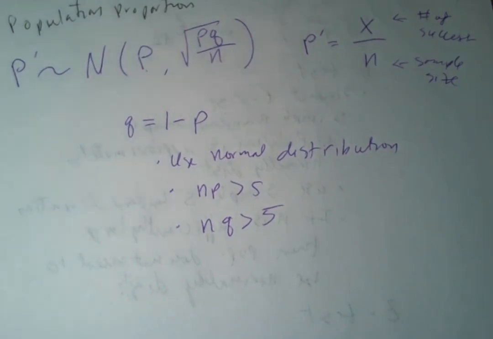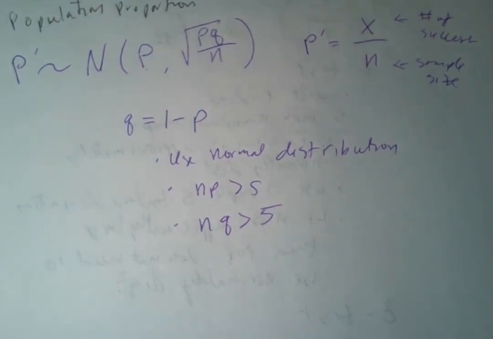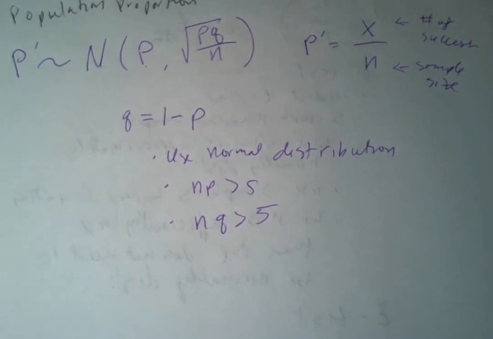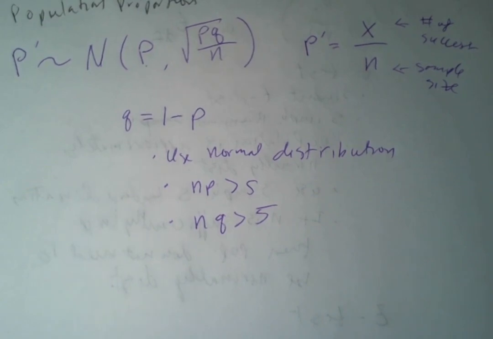So as long as both of these conditions are met, we are going to move forward and use the normal distribution. Okay, so these are the conditions for the distributions to use for our hypothesis testing.